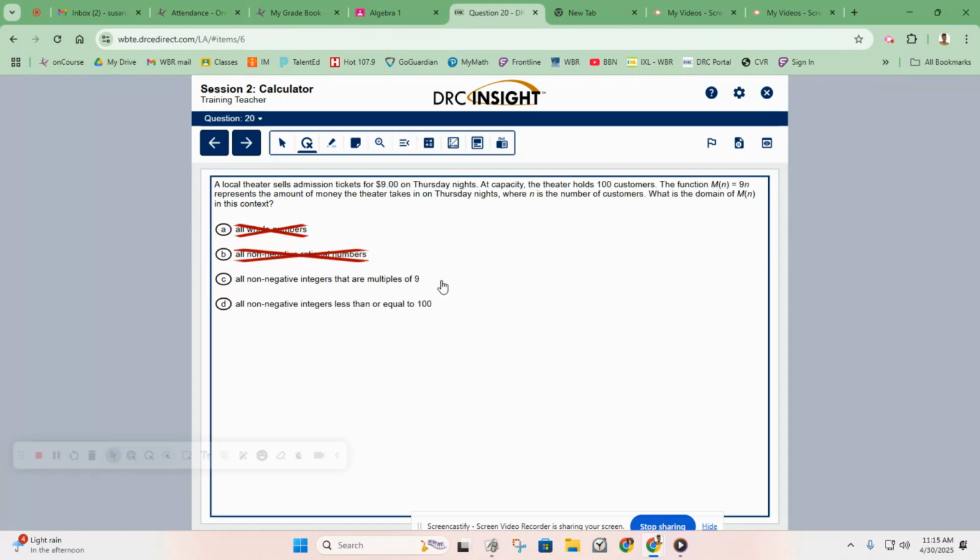So are they only going to let 9 people in, 18 people in, 27 people in? Or can you go between those numbers? Right. So that means it's not going to be a multiple of 9. So D is automatically going to be our right answer. But what it says is the non-negative integers, which means 0, 1, 2, 3, 4, less than or equal to 100. Since it only holds 100, that's why this is the correct answer.